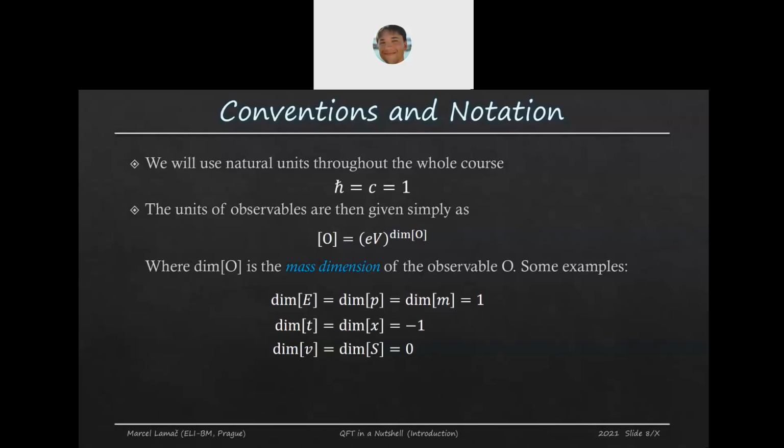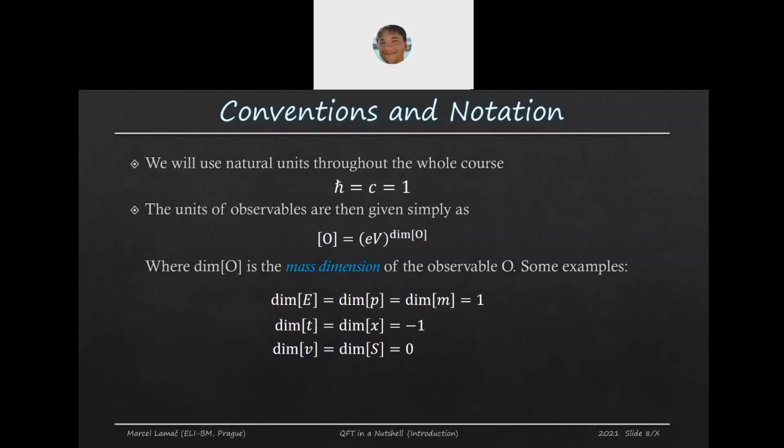Okay, the same way for momentum, because momentum is again equal to energy because c is equal to 1. So E squared is equal to p squared plus m squared, so the units are the same. For massless particles, E is equal to p, so the units are the same. Then the units of time and the units of position are in minus mass dimension.